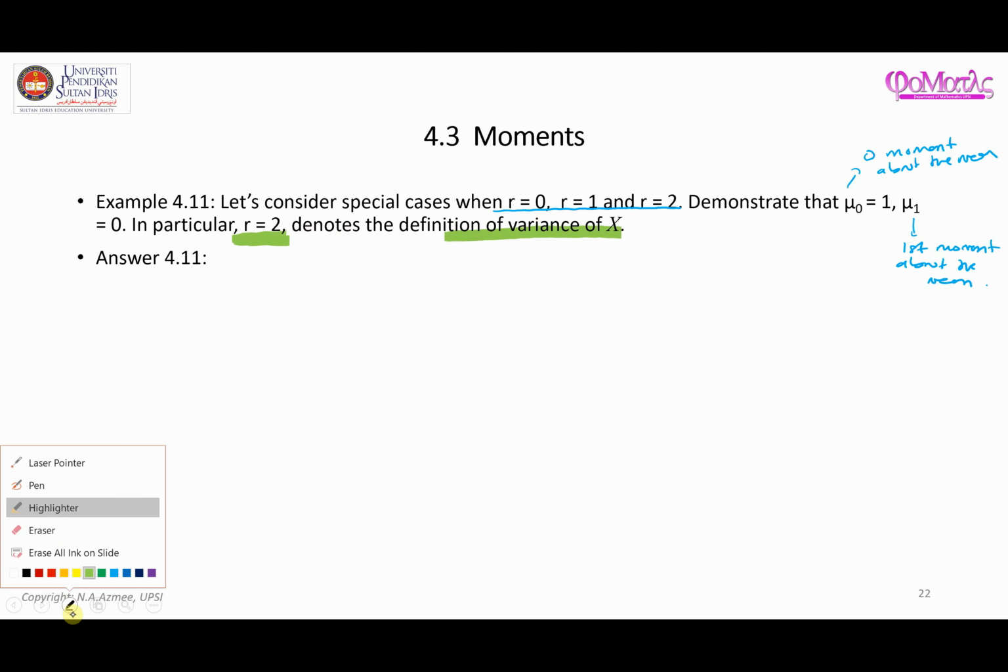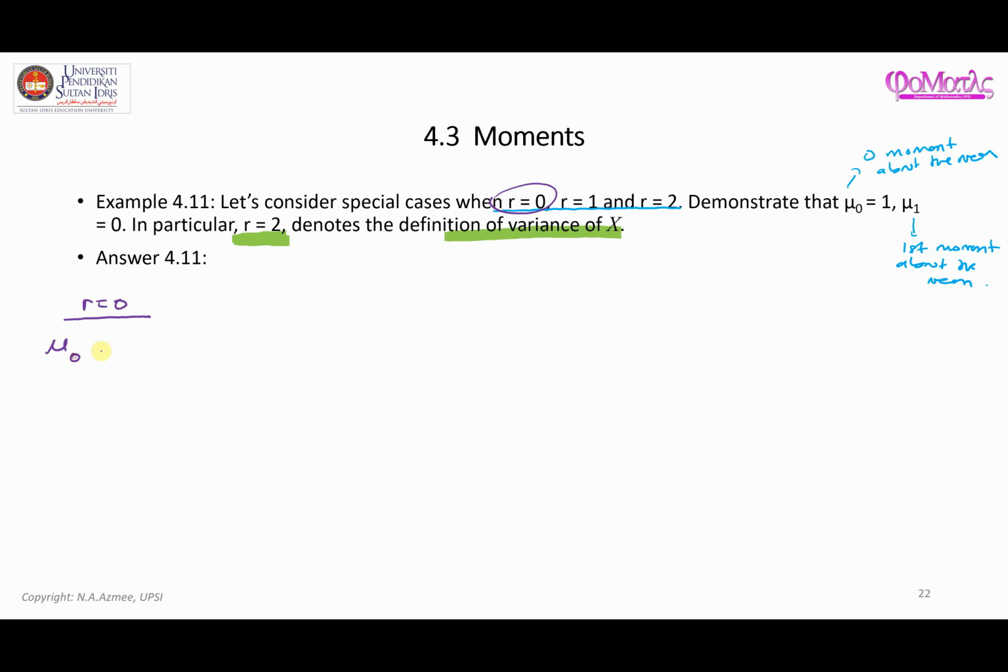All right, let's start off with the first one. Okay, so what we have right here is r is 0. So when r is 0, what we have is mu 0 is E of (x minus mu) to the power of 0.